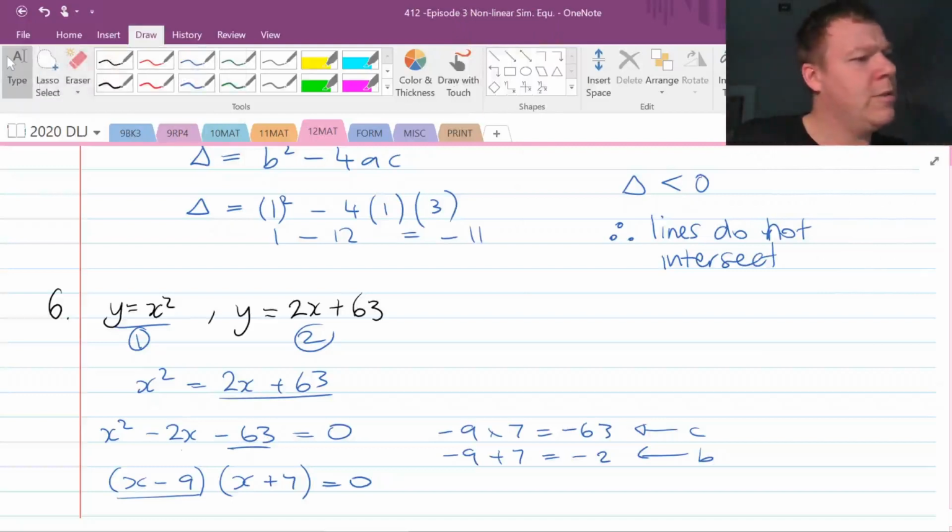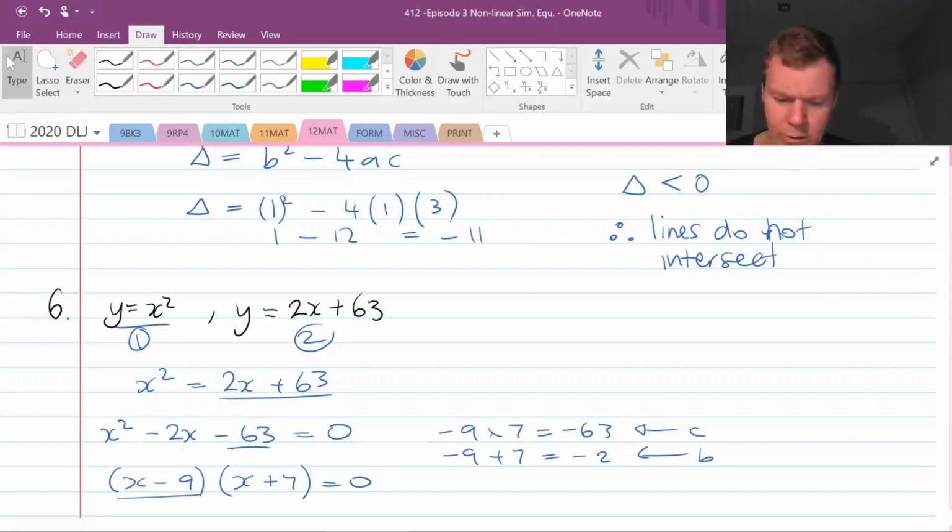I might just select a more complicated one where we would have to use the quadratic formula to solve. I think number 18.